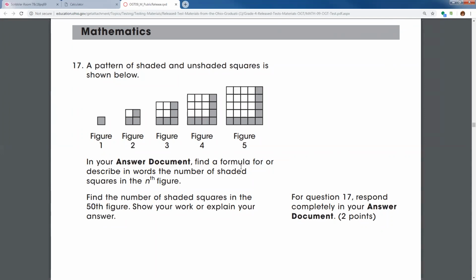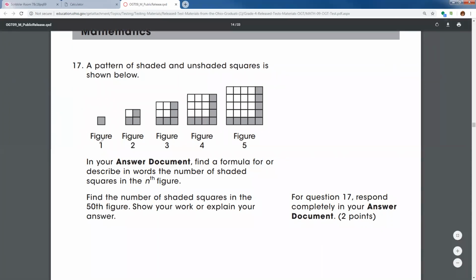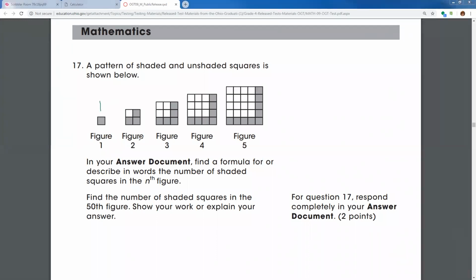So for each figure, we need the number of shaded squares. So first figure is just one shaded square. Second is 3. Third is 5. 4 is 7. And 5 is 9 shaded squares.